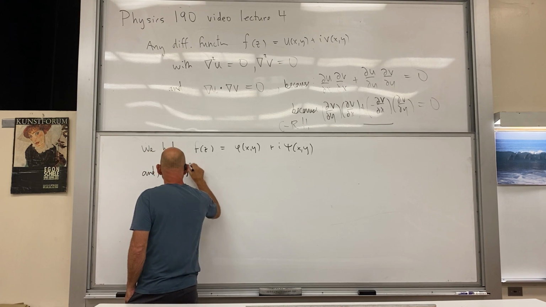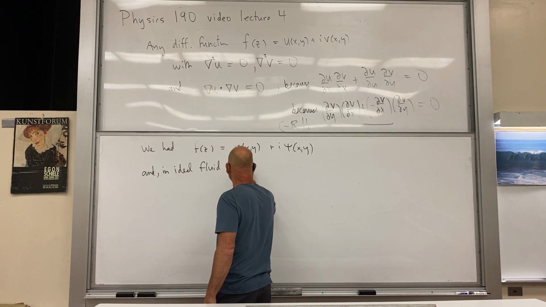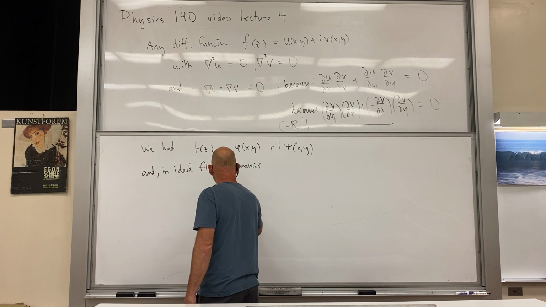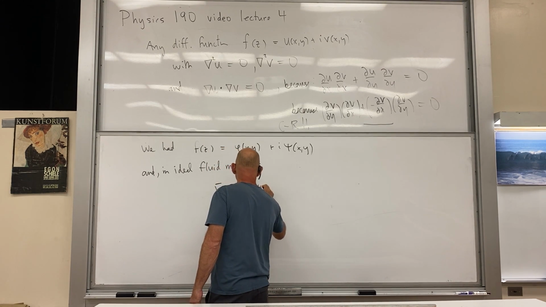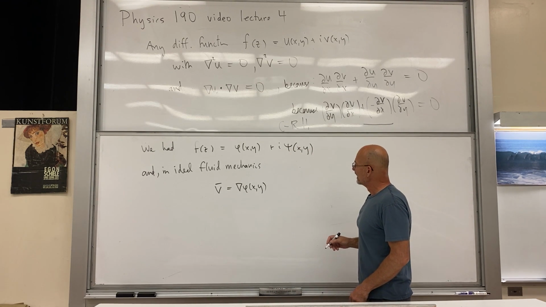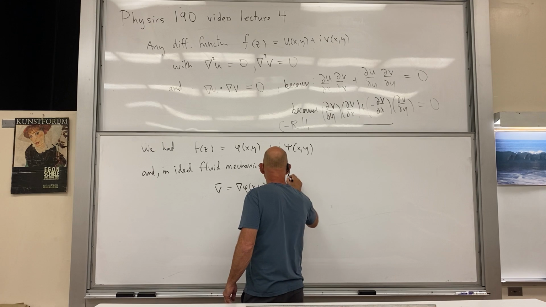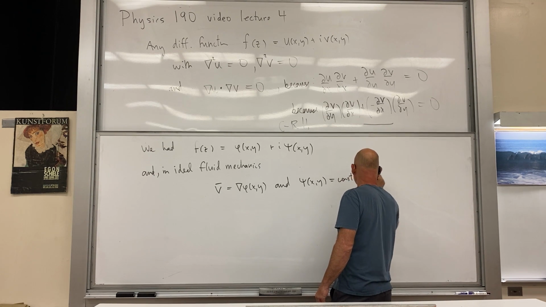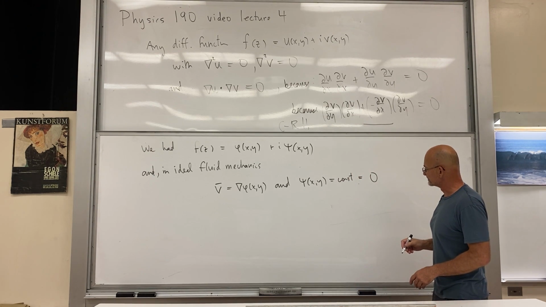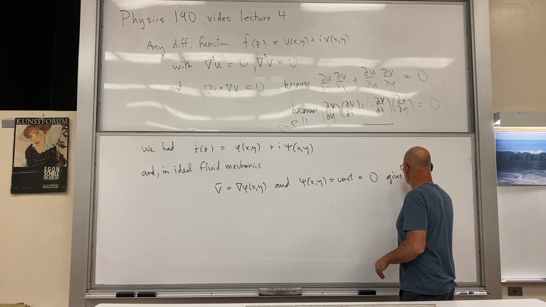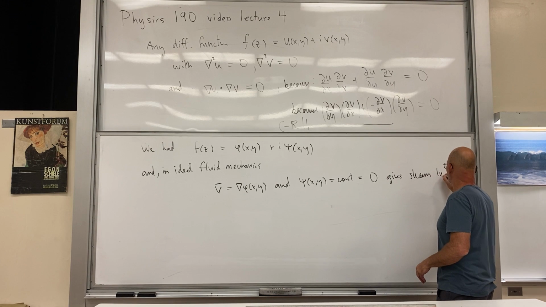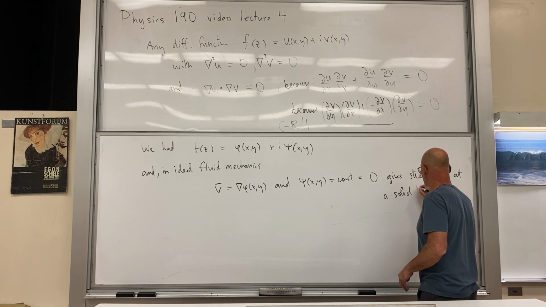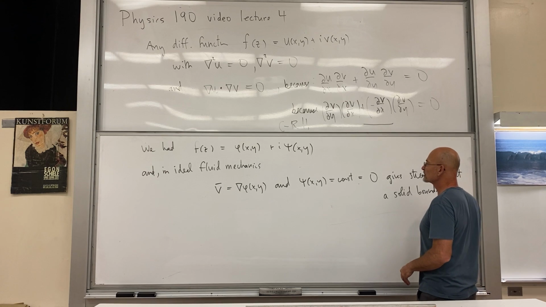In ideal fluid mechanics in 2 dimensions, the velocity field is equal to the gradient of phi of x and y, and psi of x and y equals constant, which you can say equals 0, gives the streamlines at a solid boundary. So this was for fluid mechanics.